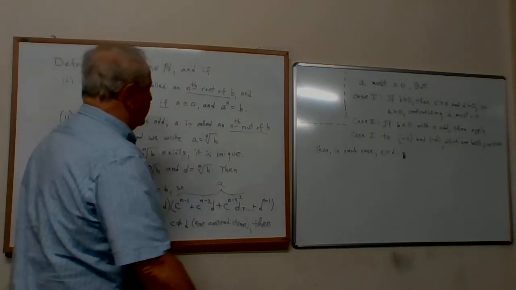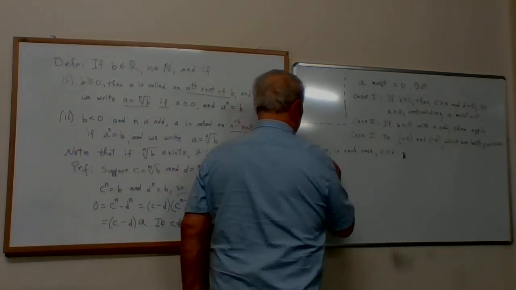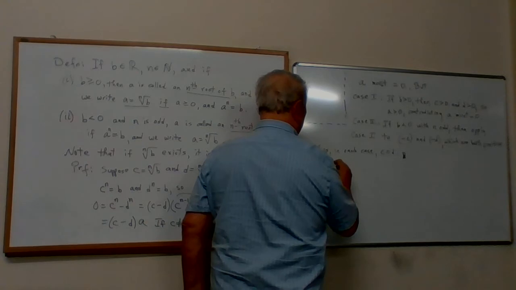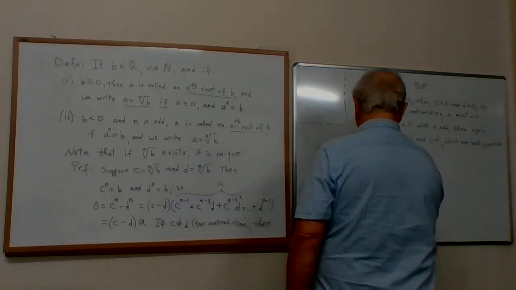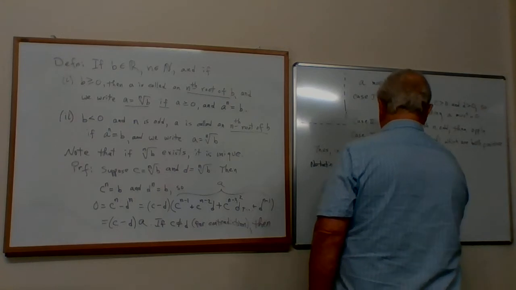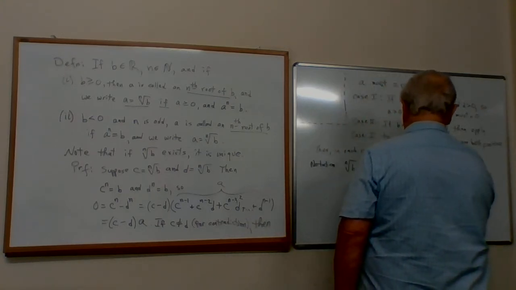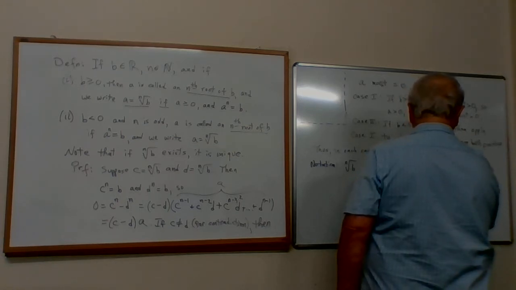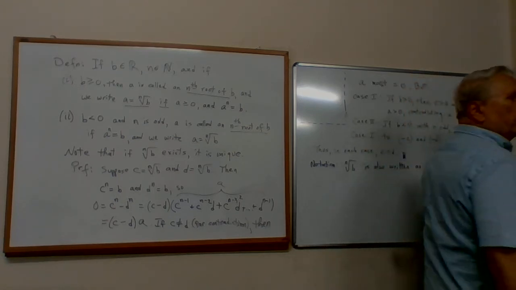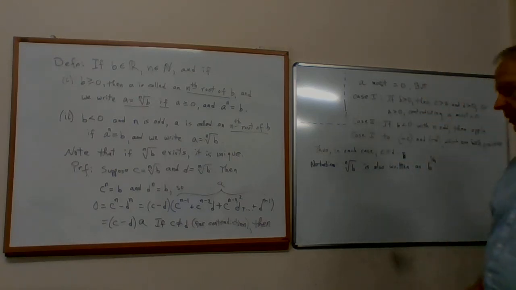Another way of writing the nth root of B, by the way, notation. Holy cow, that's much better. Notation. The nth root of B is also written as B to the 1 over n power. And let's make a definition.